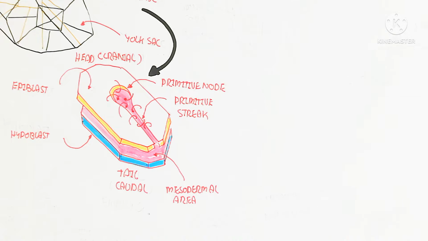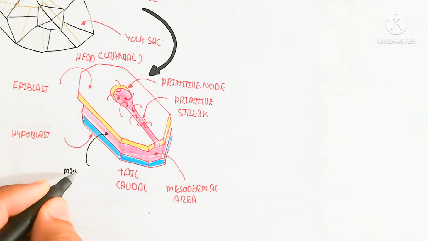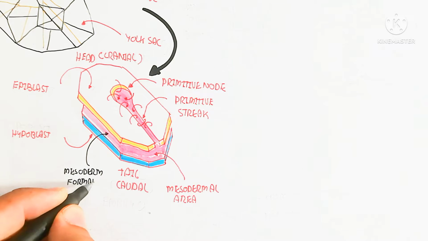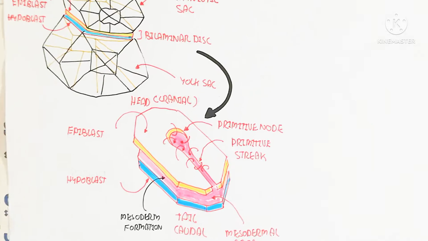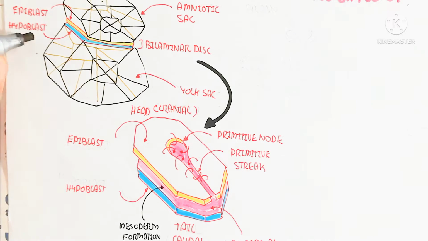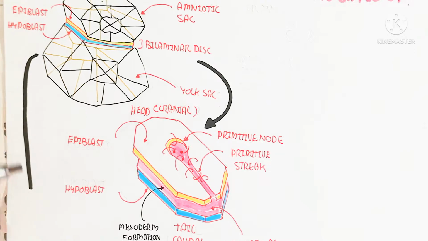This is the primitive streak formation, and the mesodermal area, and this is the tail and head. The head is the primitive node containing the cranial area, while the tail contains the caudal area.